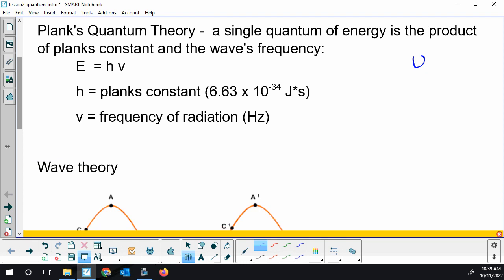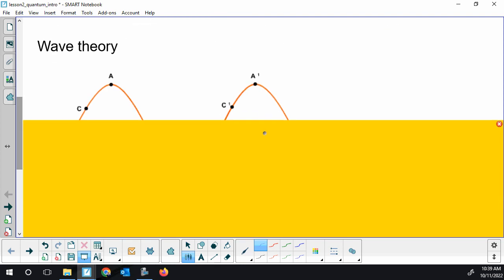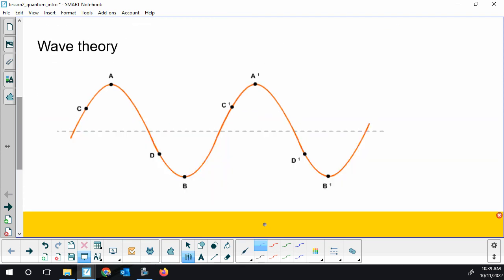Diving into a little bit of wave theory. I've drawn two full waves out, and I want to label some of the important characteristics: frequency, wavelength. I'll mention amplitude, but that's not a variable that factors into the quantum mechanical wave theory that we're going to do.